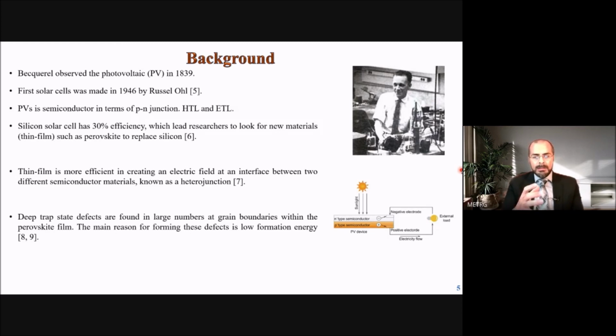These defects are found in large numbers at the grain boundaries within the perovskite films, and also at the boundaries themselves. The main reason we have such defects in perovskite or thin film in general is that these kinds of materials have a low formation energy. The formation of these thin films happens at low temperature, about 80 to 100 Celsius.